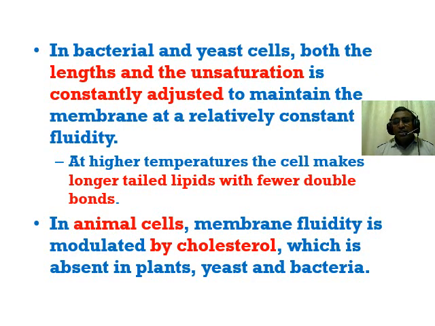Unfortunately, animal cells do not have this ability of controlling saturation, unsaturation, as well as the length of the hydrocarbon chain. What happens is we animals have cholesterol inserted in between that space that I just showed you in the previous slide, and therefore it will restrict the movement of the hydrocarbon chains, and hence the whole lipid bilayer will be controlled in terms of fluidity, and hopefully there is no rupture of the whole cell.